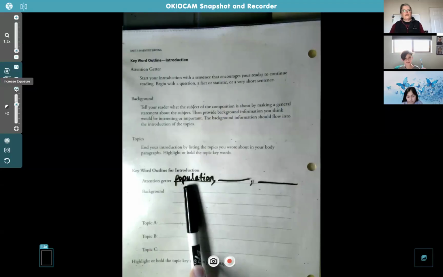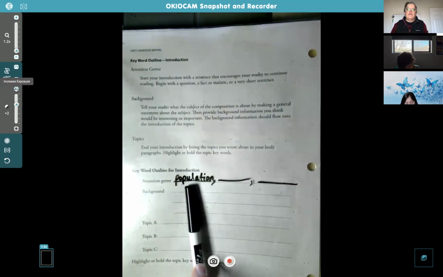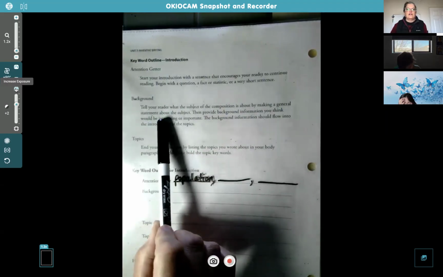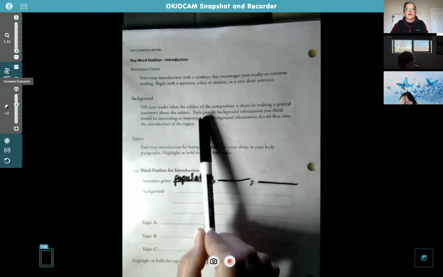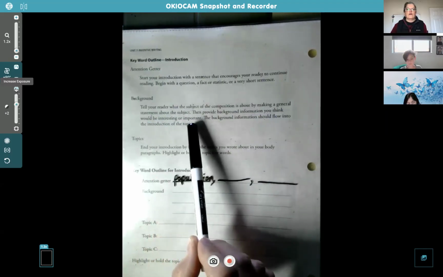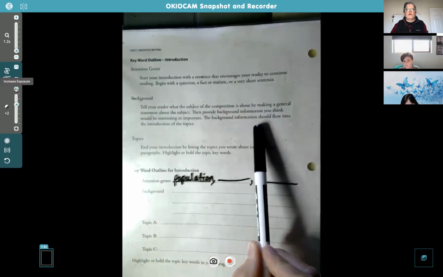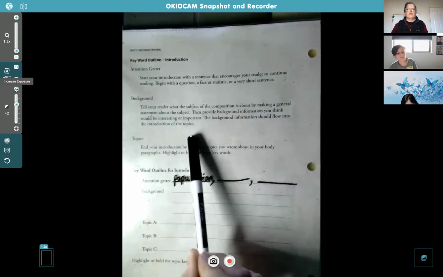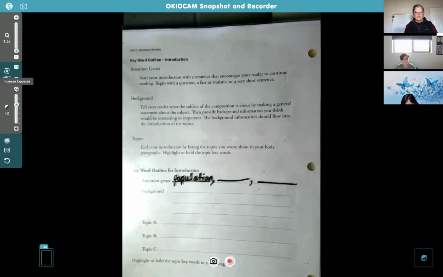It says, tell your reader what the subject of the composition is about by making a general statement about the subject. Then provide background information you think would be interesting or important. The background information should flow into the introduction of the topics.